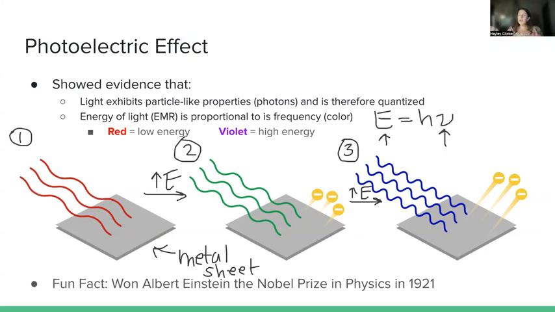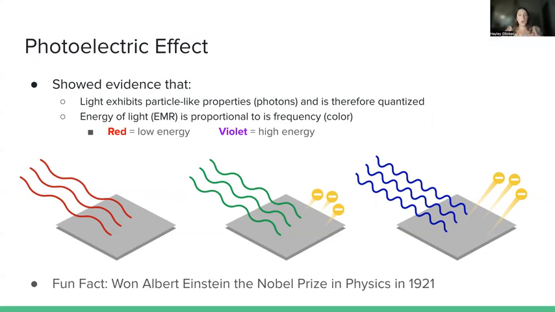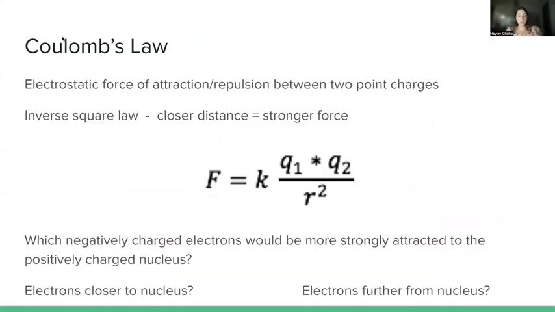So we can utilize this knowledge that if we shine light with a high enough energy, electrons are ejected. That's going to come in handy when we talk about our specific photoelectron spectrum today.